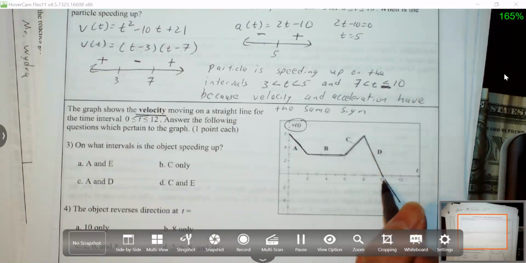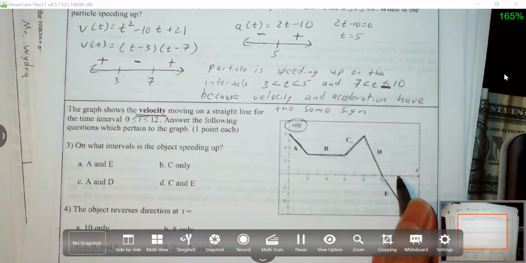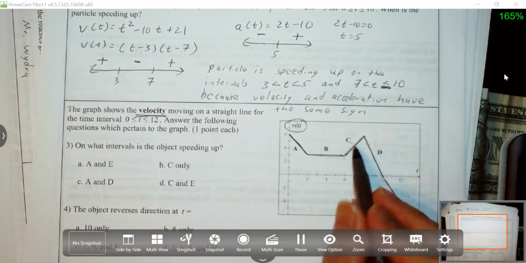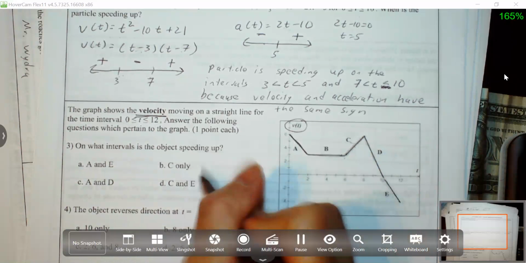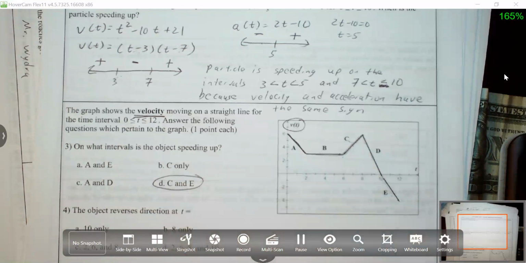Look down here at E. The velocity is negative because it's below the x-axis, but acceleration is also negative because my slope is negative. So for letter E, velocity and acceleration are negative, so it's also speeding up here. So letters C and E, the object is speeding up.